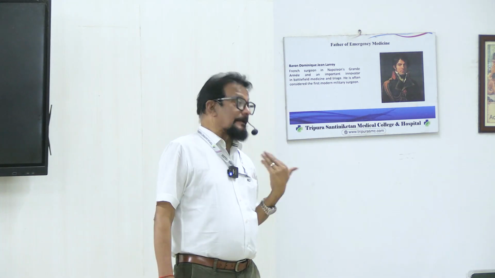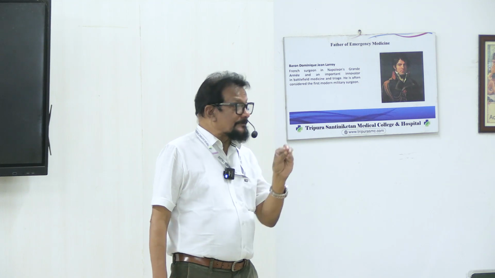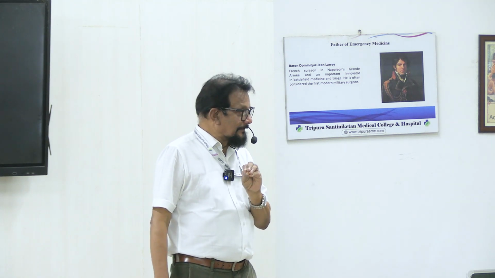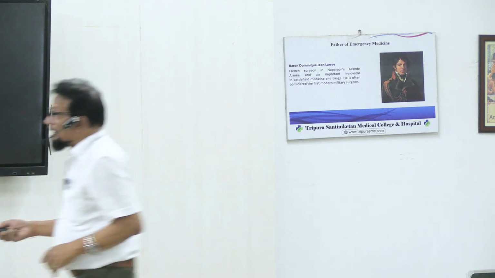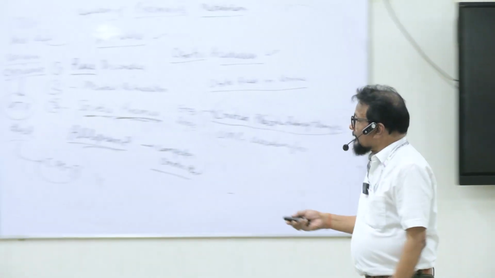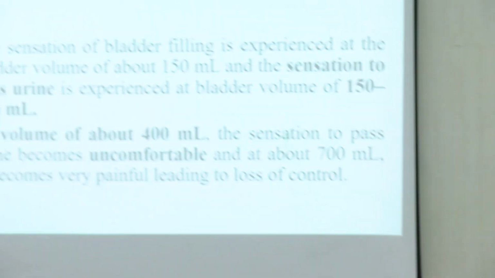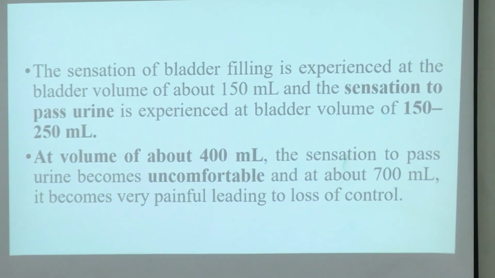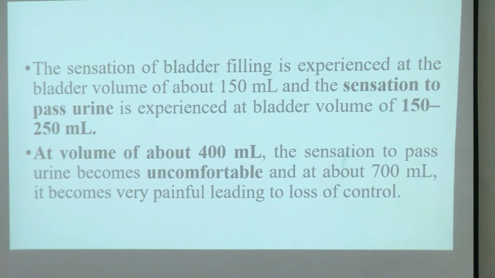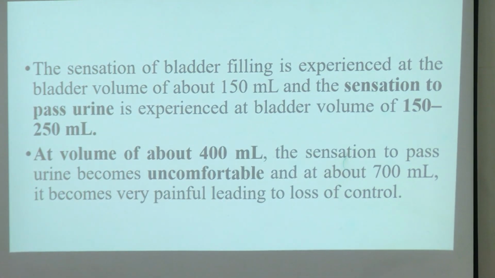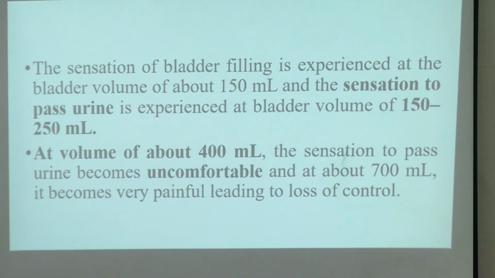So that sensation can come, starting from accumulation of 150 ml onward. When a volume of 400 or 450 or 500 ml is attained, then you will feel urgency. So when time and place are suitable, then you will urinate.